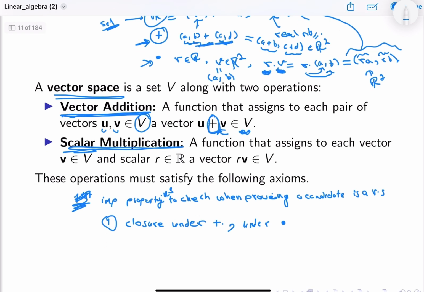We took a set, we equipped it with two operations, addition and scalar multiplication, and we require the closure. So this is the first property. Now that we have the addition and the scalar multiplication, it remains to check some axioms to prove that a candidate of being a vector space is a vector space.